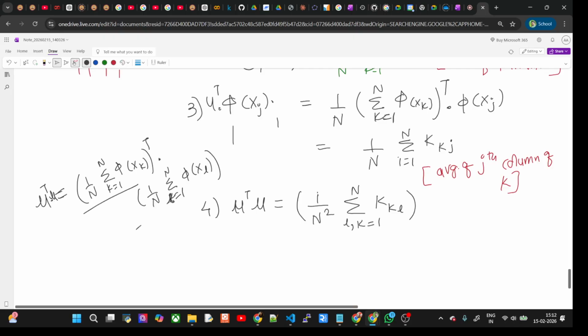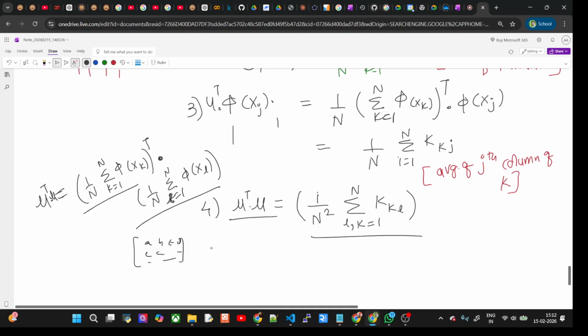So this is here and this is here, and you are doing the dot product. Once I calculate this, finally it looks like this. This is the equation. This is the average of all the elements, whatever elements you have, a, b, c, d, e, f, g, h.